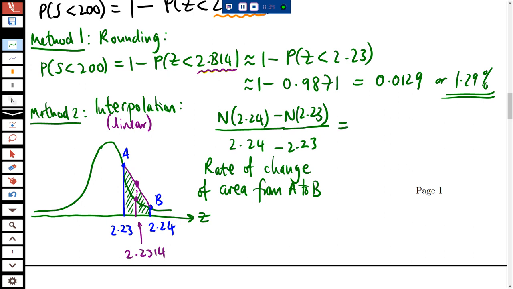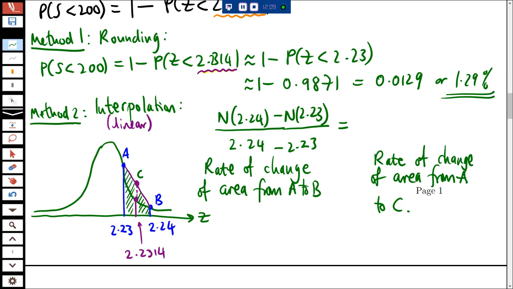Well, we know that the rate of change of the area is constant because of the straight line. So I could look between, call this letter C, I could look now between A and C, and I would know that the rate would be the same. So the rate of change of area from A to C, well, I know this is going to be the same as from A to B.